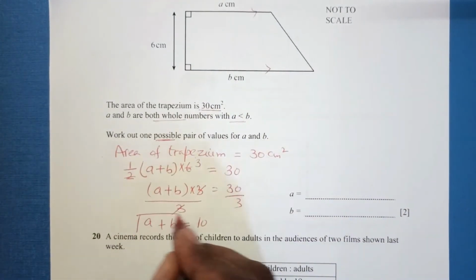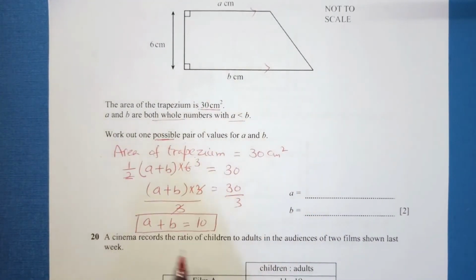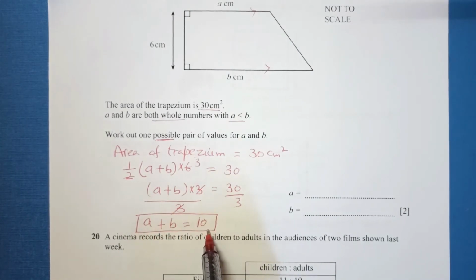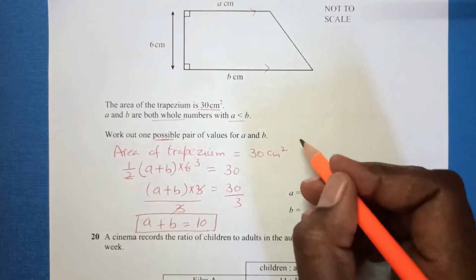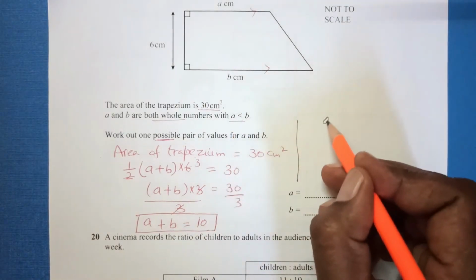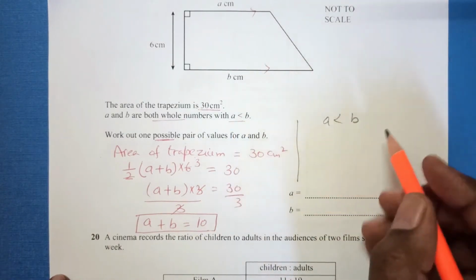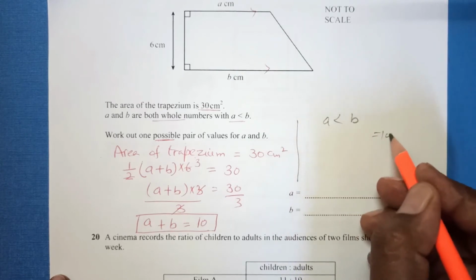Now we are looking for values of A and B that add up to 10. There may be many values, but the condition is that A should be less than B, and the sum should be 10.